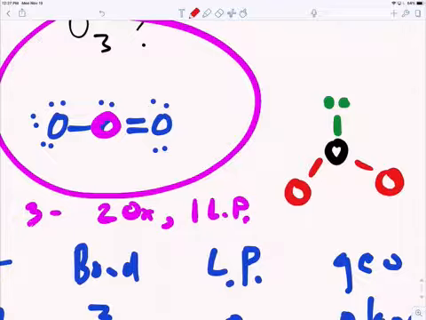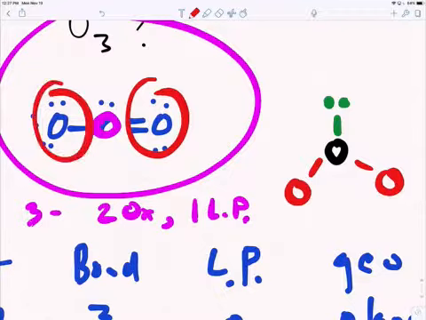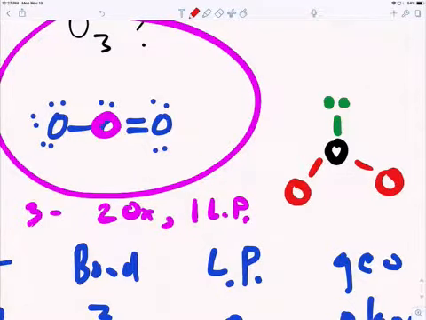So you see that black oxygen sees 3 things. So do you get that? It doesn't matter if it's single or double. All it notices is that there are 3 things. 2 of them are bonding. 1 is a lone pair. Therefore, it's bent. Is this making sense?